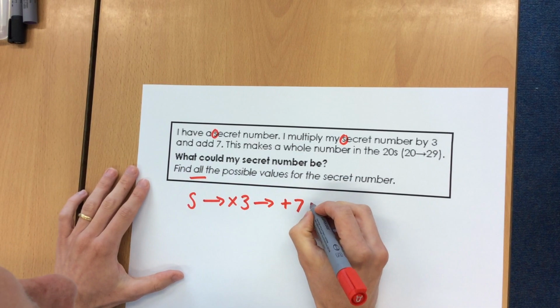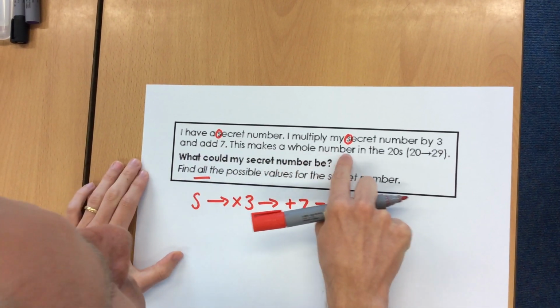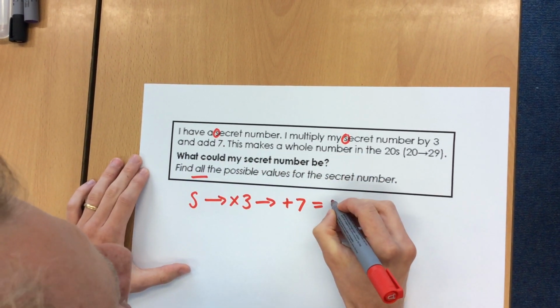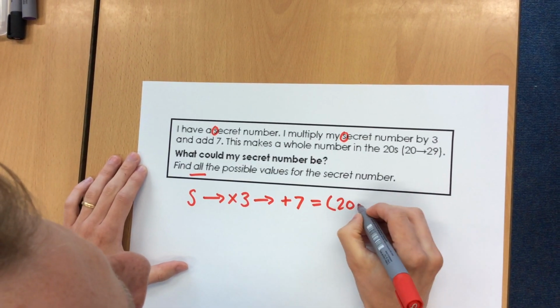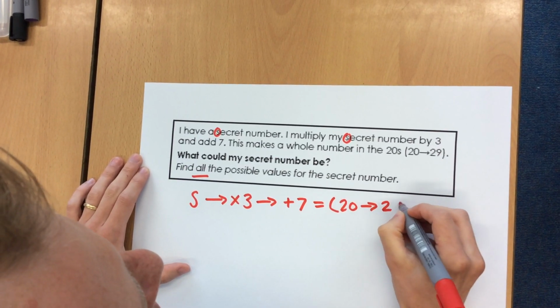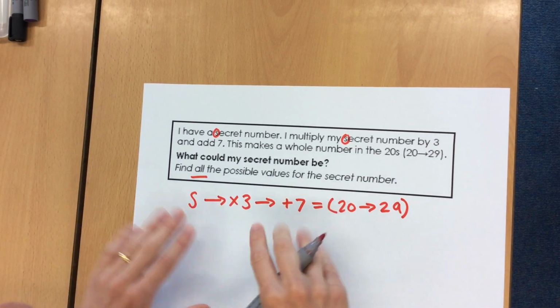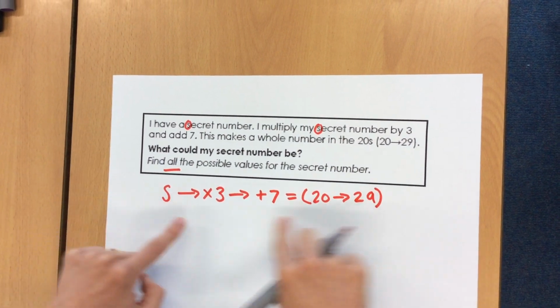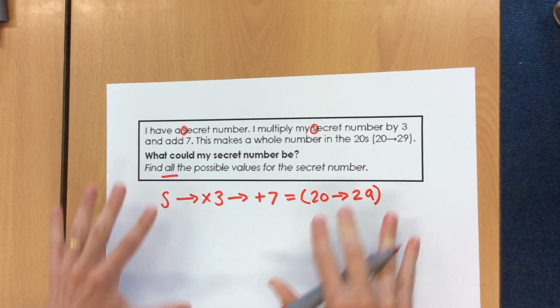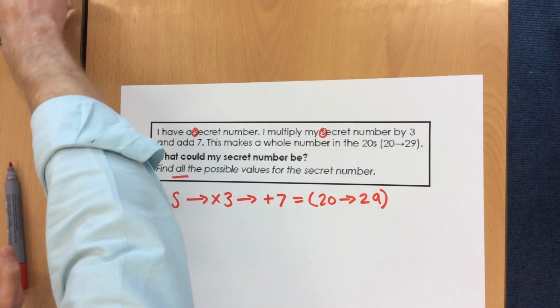This makes, so my total, this makes a whole number in the 20s. So it's going to give me an answer that's anywhere, including 20, but from 20 to 29. You'll notice that I've now converted these sentences into an algebraic formula. Let's see if we can simplify this a step further.